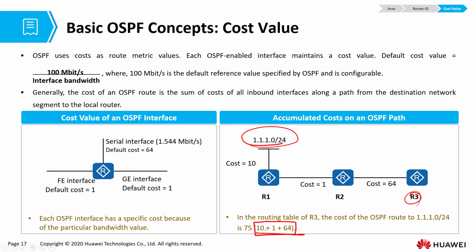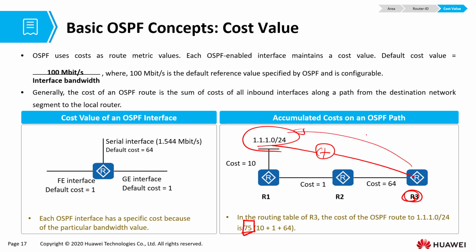Again, OSPF uses the cost as the metric. It's the one it uses to say this is how far this network is from me. For example, this router right now is saying this network is 75 away from me. Now, clearly you can see that the higher that value, the poorer the path. Let us say there is another router here, which is also connected to this network and connected there.